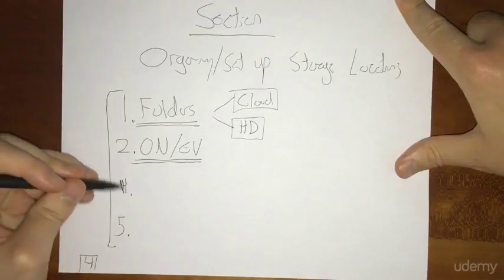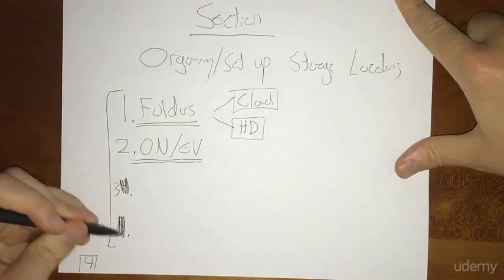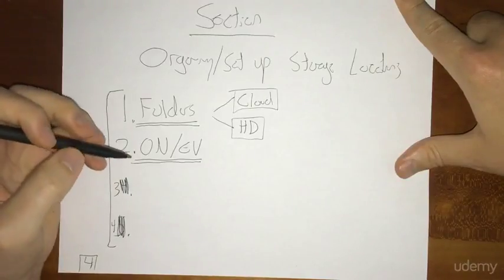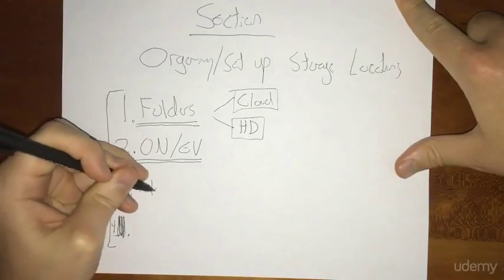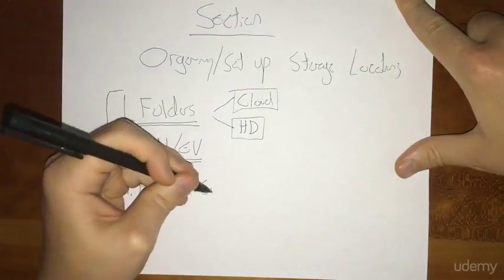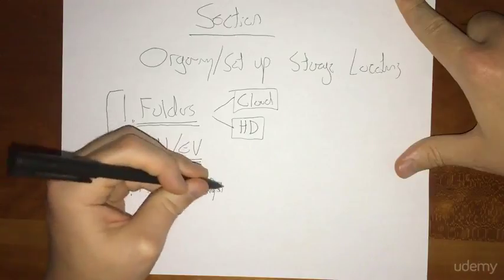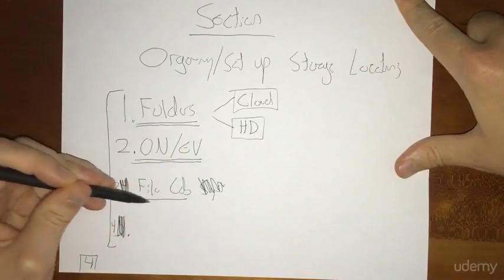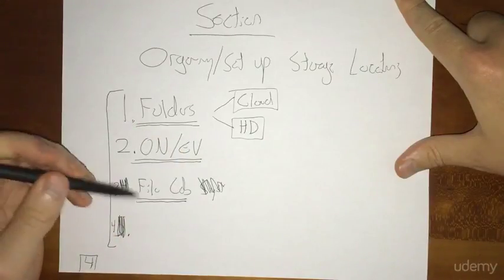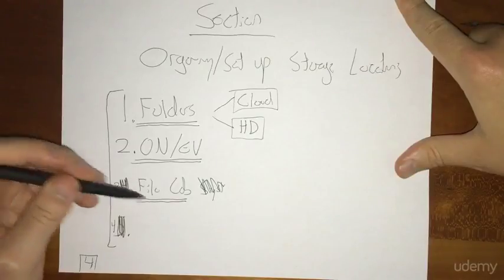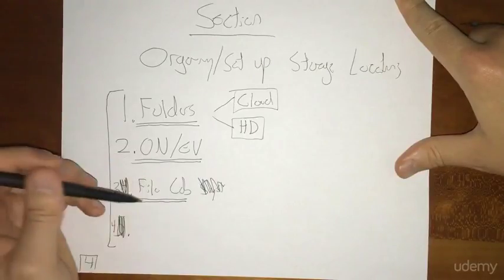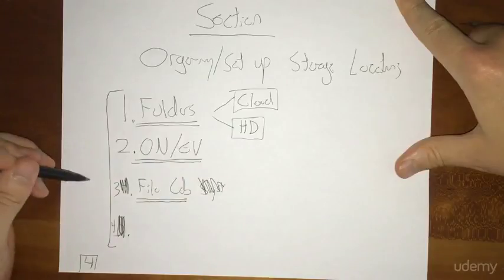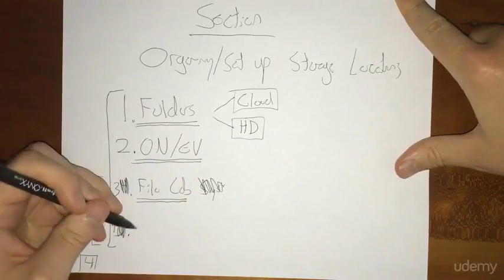So the third one is your file cabinet system. And if you want to use 3-ring binders or another thing, it's relatively easy to transfer over. But the key here is for these two is these are offline.